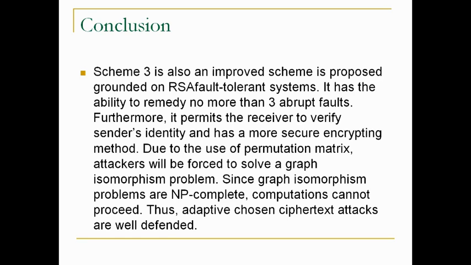Due to the use of the permutation matrix, attacks will be forced to solve a graph isomorphism problem. Since the graph isomorphism problem is NP complete, computations cannot proceed. Thus, adaptive chosen ciphertext attacks are well defended.